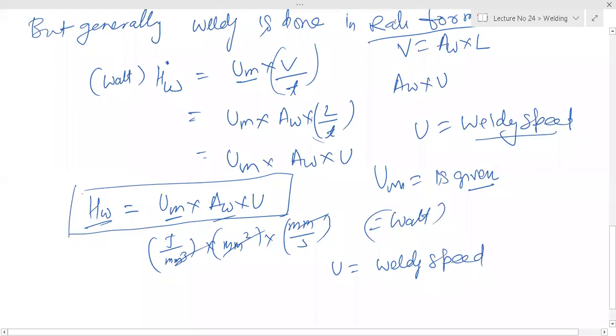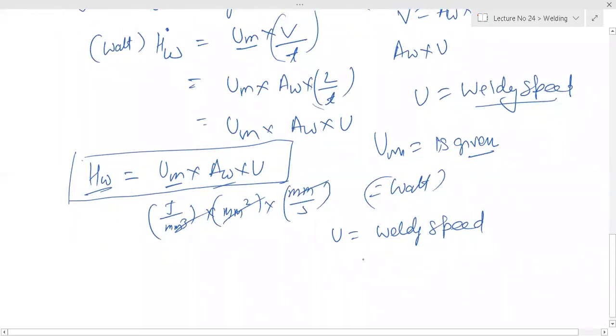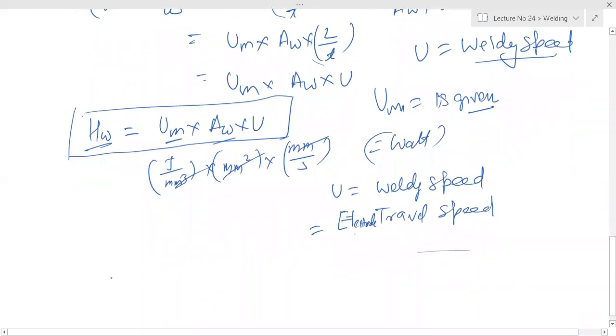Welding speed, or we also call it travel speed, electrode travel speed, right? And power in electric arc welding, power P is equal to voltage into current.